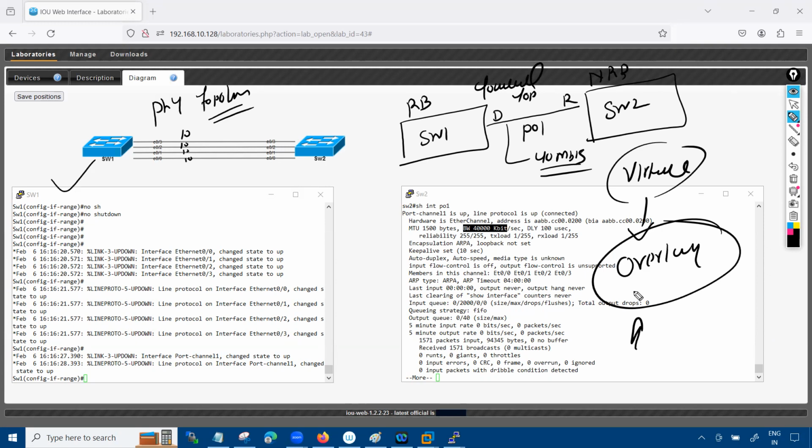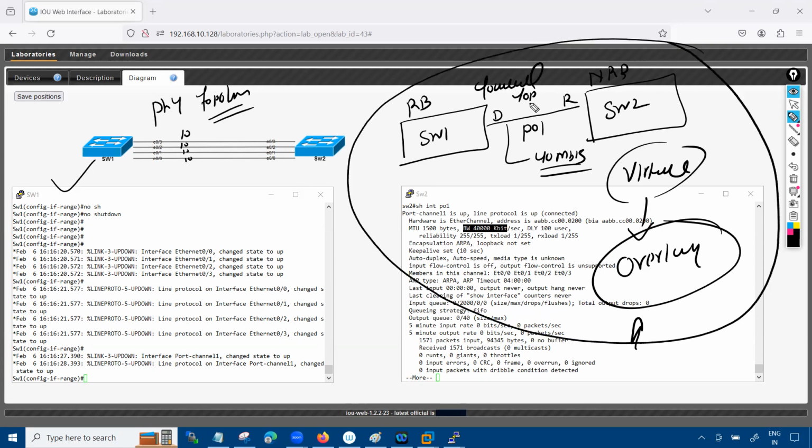So anyway, the virtual topology cannot forward your data traffic. My data traffic still goes by the physical topology. My data traffic is still carried by the physical topology. So how will the data traffic be carried over there?